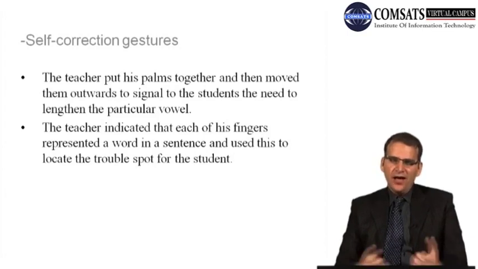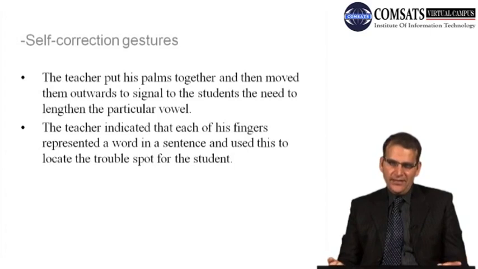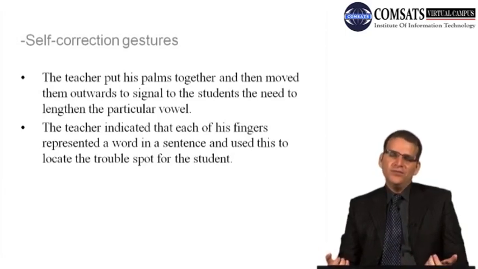The teacher puts his arms together, and then he moves them outward to signal, for example, E, clear? Whenever there is a sound, the teacher uses his palm, and that palm is a gesture for the student, indicating either a long vowel or a short vowel.